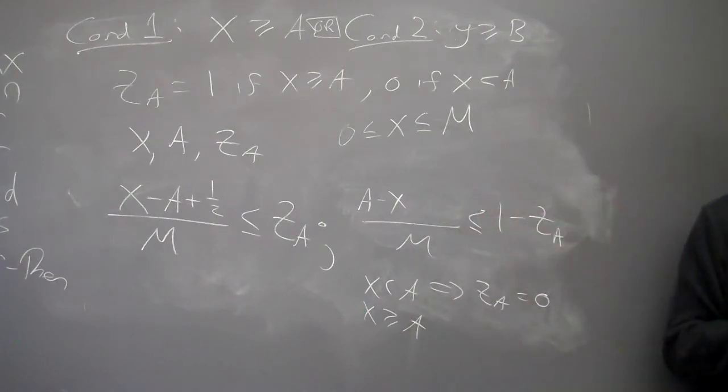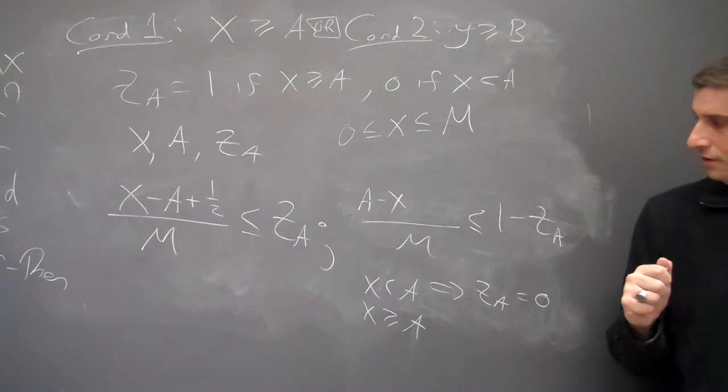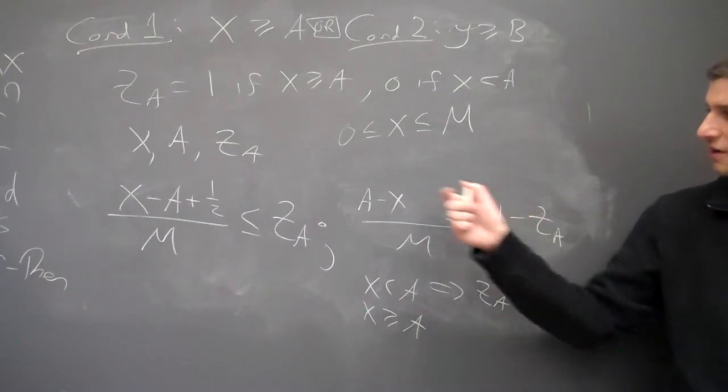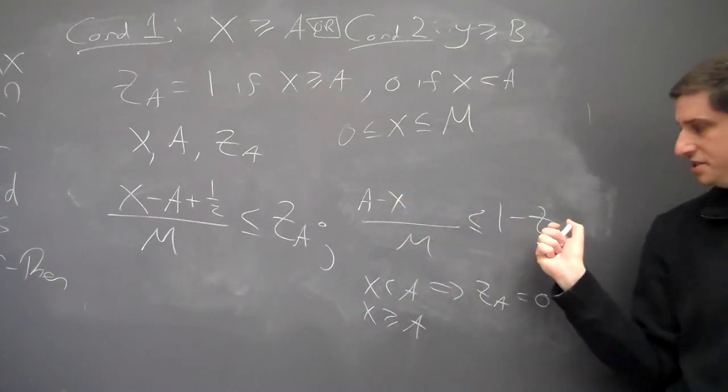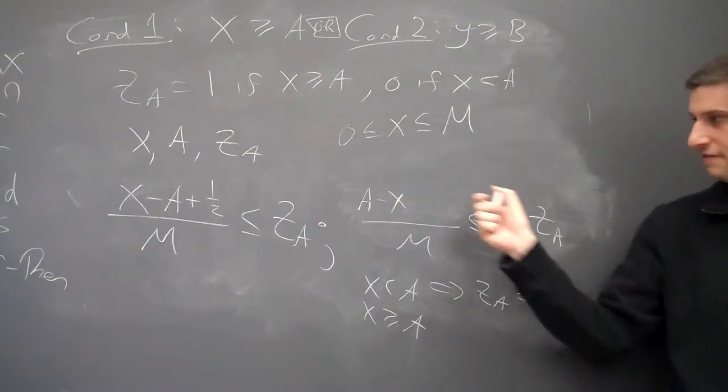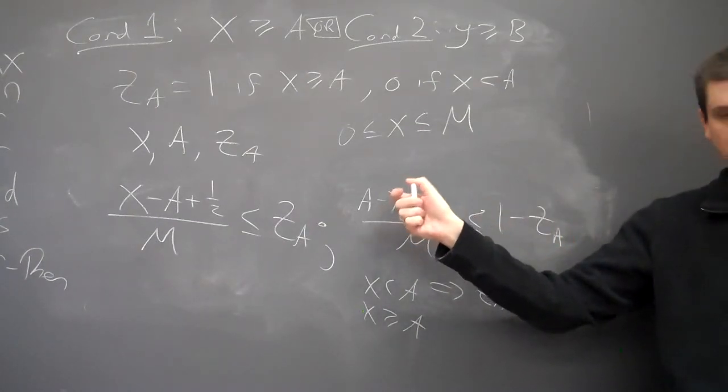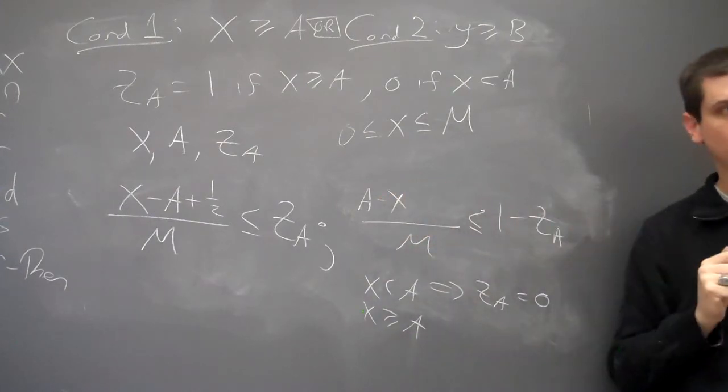We just have to play games a little bit with where we put the half. Maybe. If x is greater than or equal to a, then the left-hand side is less than or equal to 0. If x is greater than a, this is going to become negative, and then z of a is completely free. If x equals a, this is 0, and then we have no information.